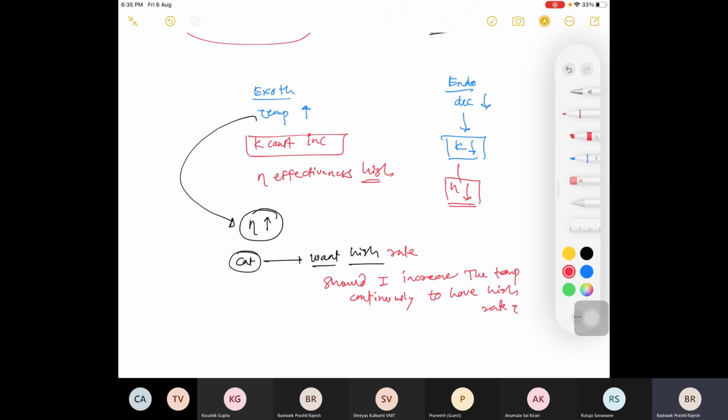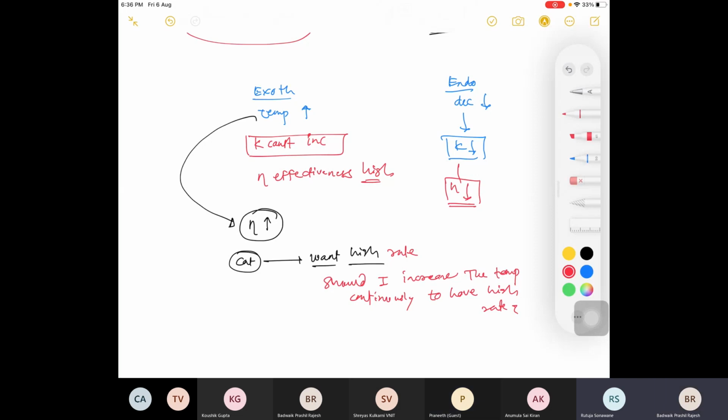As I am increasing the temperature, my rate of reaction is increasing. So should I increase the temperature again and again to get a high rate? Or should there be a permissible limit? There should be a limit, I guess. Yes, there should be a limit.